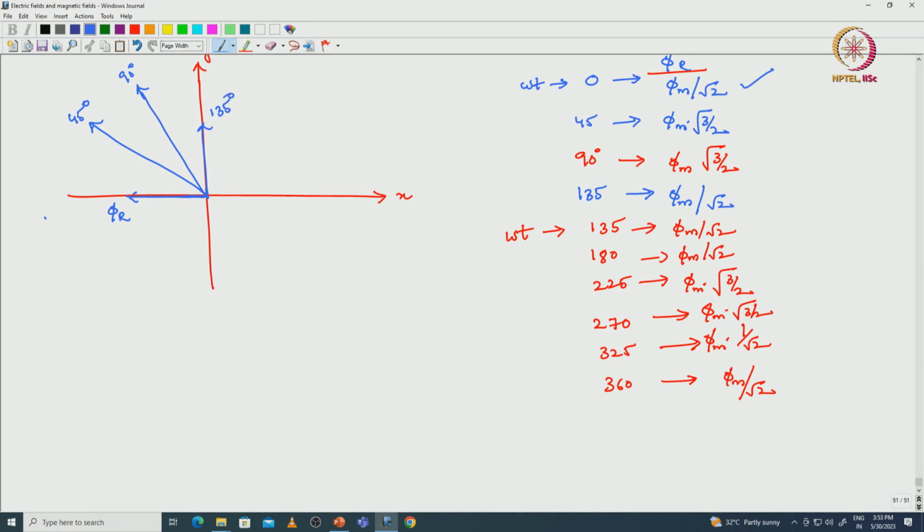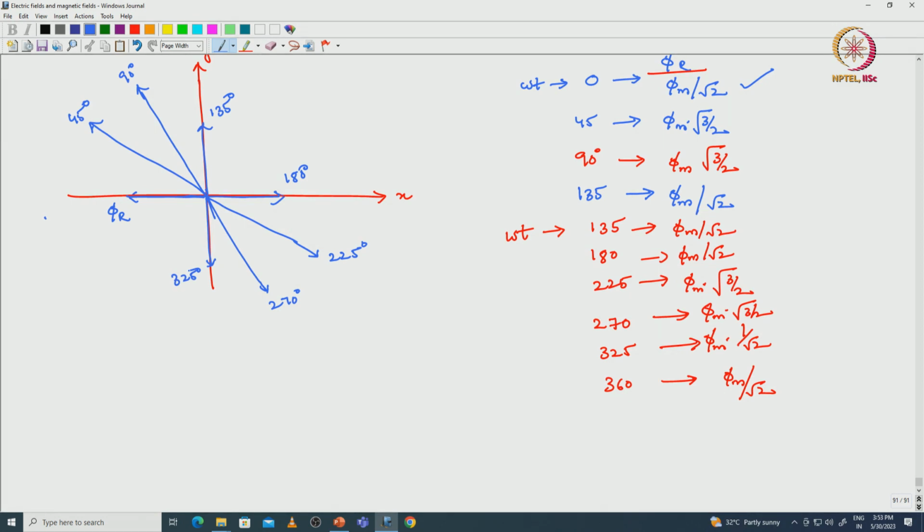Then at 180 degrees the resultant flux vector is in this direction, and this is at 225. At 270 degrees the resultant vector is here, and then at 325 degrees the resultant vector is on this axis, with magnitude phi m by root 2.